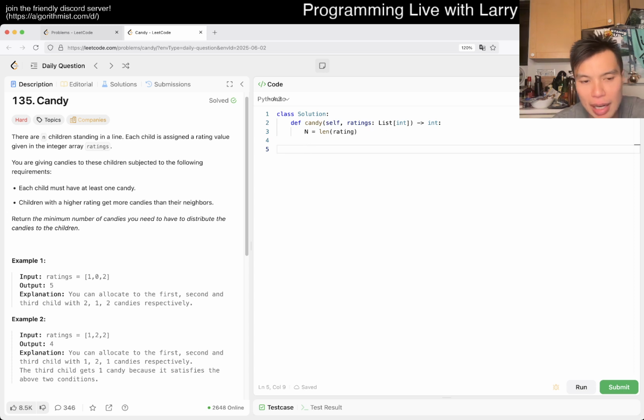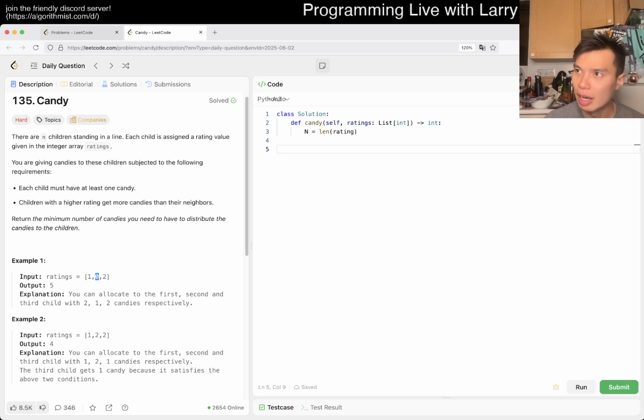We topologically sort by either the minimum candy or the highest candy. The first intuition that I would have is to start giving candy to the lowest rating, because then you can figure out that that's the current lowest rating.